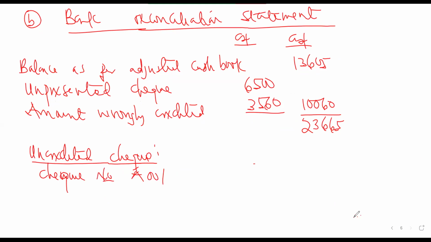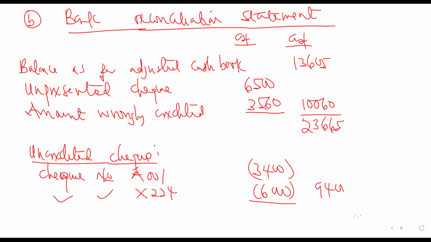A001. That will be 301. 3,400. Then the second one is what? S224. And that is 6,000. Okay, so what will be the total unpresented check? 9,400.